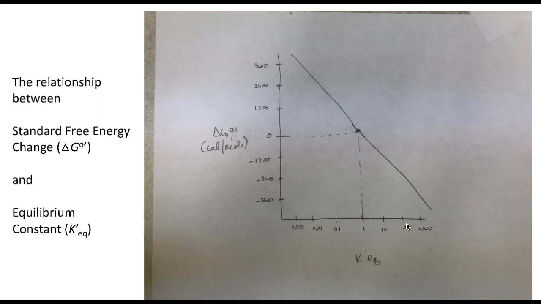Now, these concepts, they're not extraordinarily difficult, but they may require some rehearsals. You might need to go back to the beginning of this video and work on it again. Maybe give yourself some new equilibrium constants and try to determine if the standard free energy change would be negative or positive, or 0.